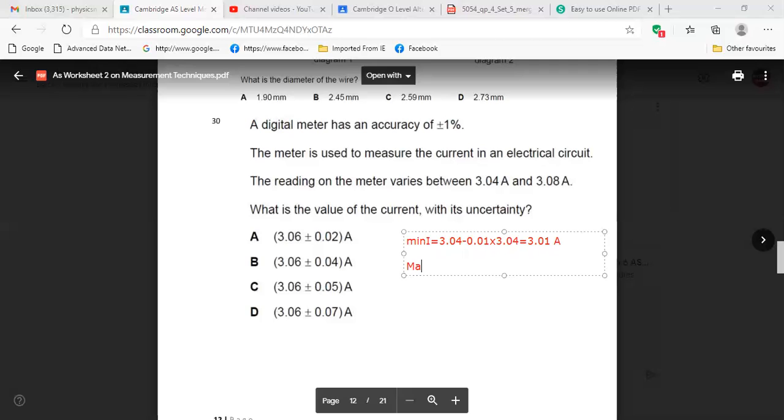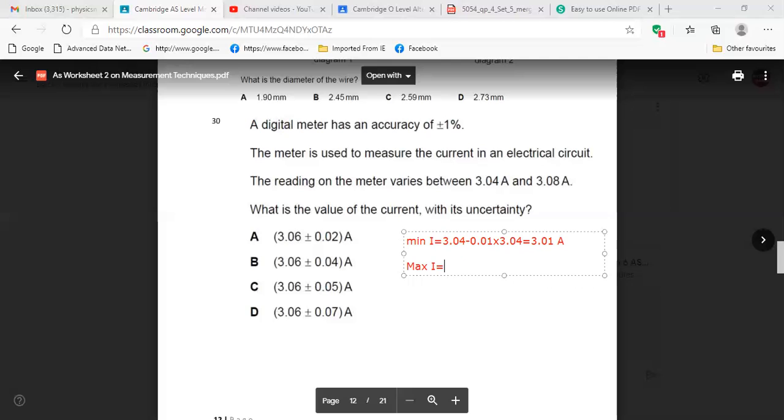Now the maximum value of I, what does it come to? This is minimum I, this is maximum I. This is 3.08 plus 0.01 multiplied by 3.08.